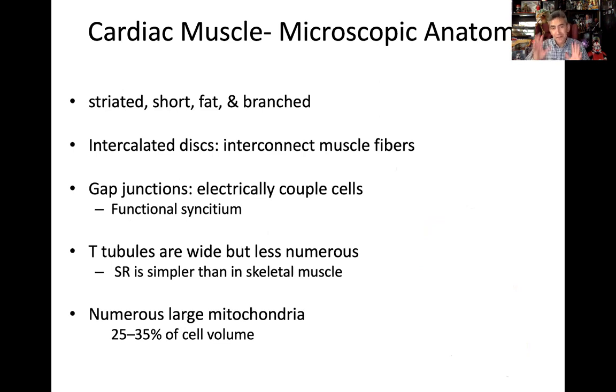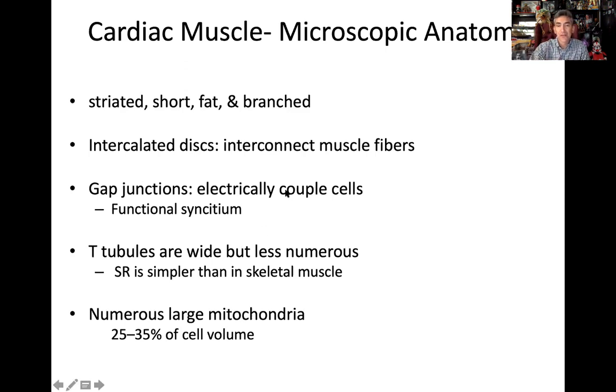Again, I'll let the video really address all of this, but this is the microscopic anatomy of the actual cardiac cells, right? So they're striated, short, fat, and branched. You need to know what the intercalated discs are and what their significance is for contraction. In the intercalated disc, we have the gap junctions, 1306 stuff, way back. Gap junctions are basically communication junctions, little pores, little holes that allow movement of ions, movement of cytoplasm from cell to cell.